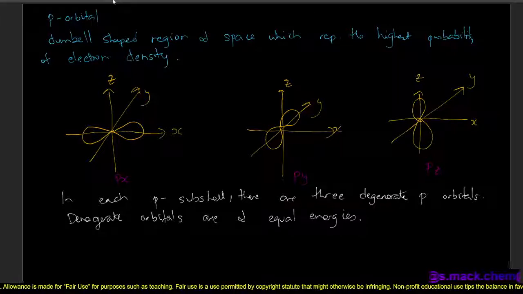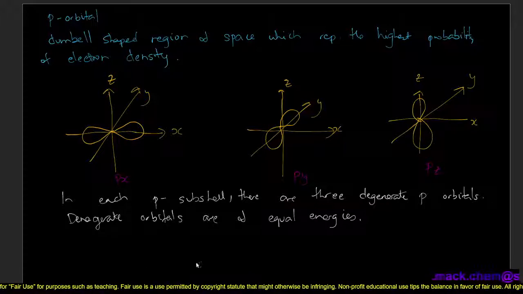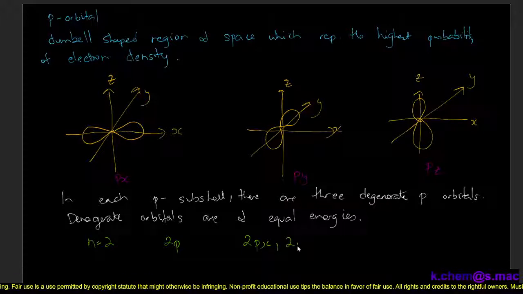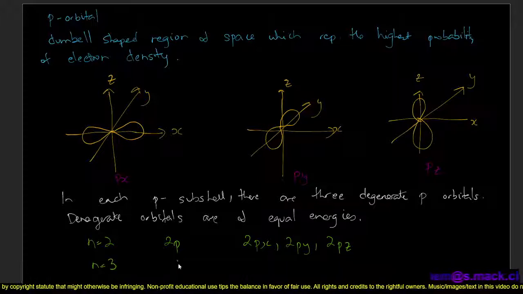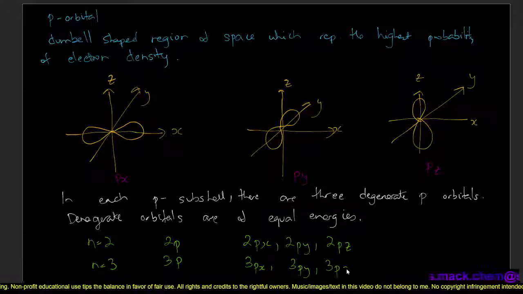So this means if I go to energy level 2, where there's a 2p subshell, I'm going to have a 2px orbital, a 2py, and a 2pz. If I go to energy level 3, where the p subshell is identified by the quantum number 3, my 3p orbitals would be 3px, y, and z.